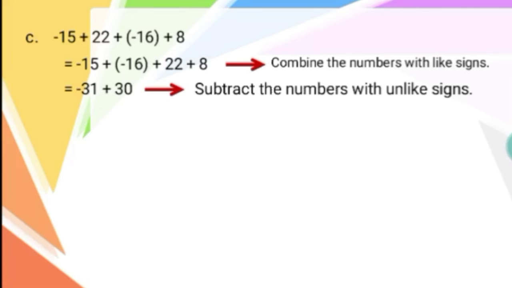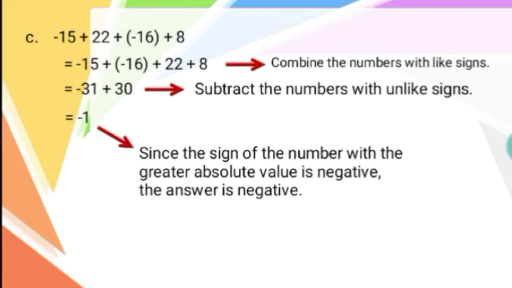Then after that, you will add the negative 15 plus negative 16, that is equivalent to negative 31. Then 22 plus 8, that is 30. Then after that, subtract the numbers with unlike sign, that is equivalent to negative 1. Since the sign of the number with the greater absolute value is negative, the answer is negative.